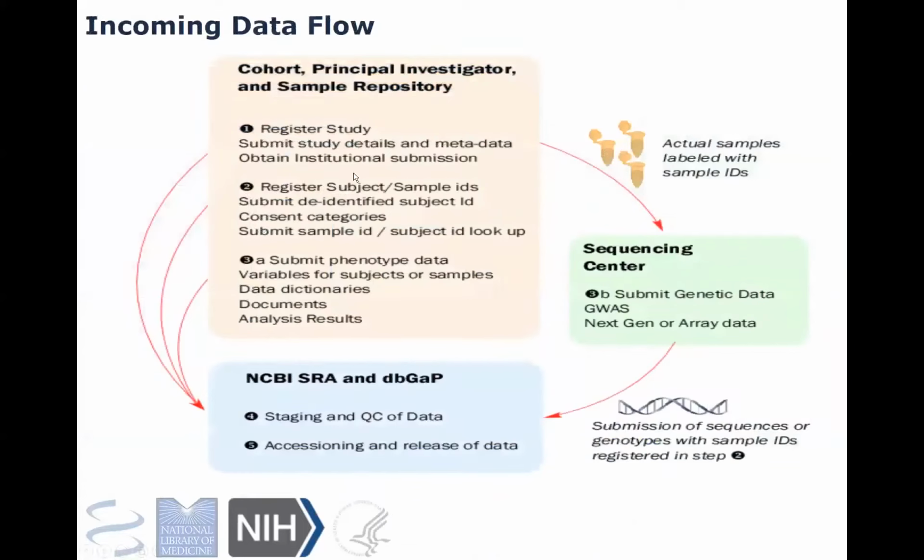As I mentioned, the incoming data flow often, although not always, comes from two different groups. One where it's kind of the cohort or principal investigator, or the sample repository that knows about people, and then a sequencing center or a genotype center that may submit the molecular data.